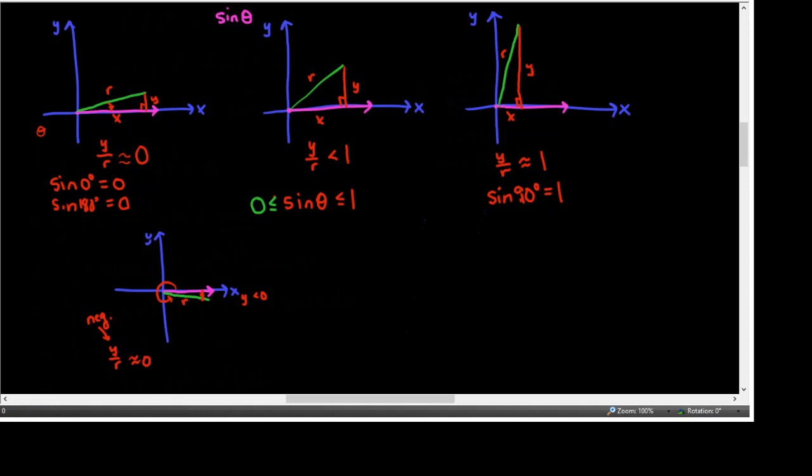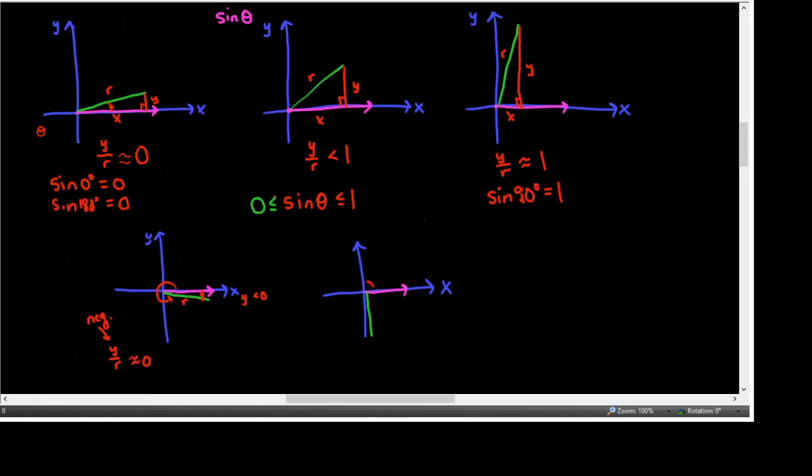Y over r here is a negative value. Then, I'm going to skip the middle one because it's just not going to make that much of a difference. It's still going to be y over r, and it'll be a negative number for a middle value. So I'm going to skip drawing that one for the sake of time. And the other extreme would be if it's really close to 270 degrees.